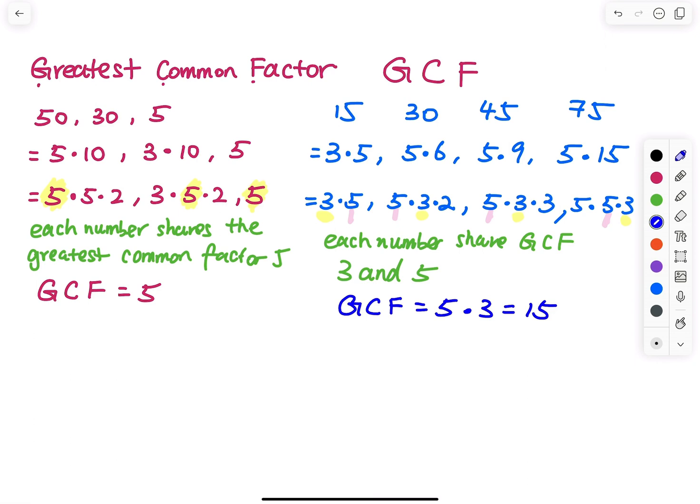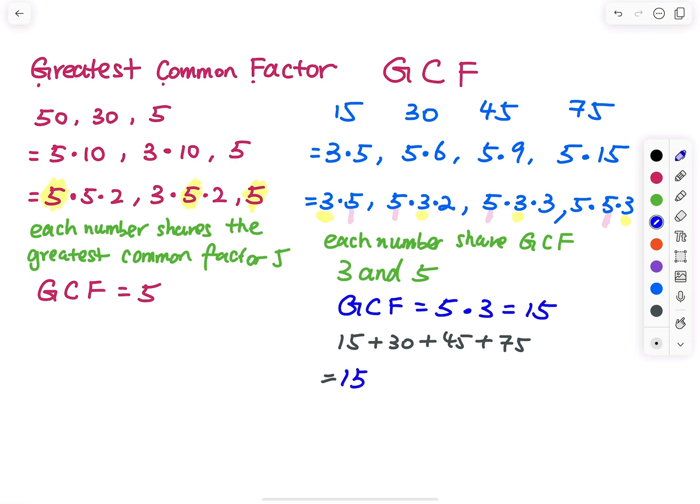So let's say we have 15 plus 30 plus 45 plus 75, right? This one we can factor out 15.